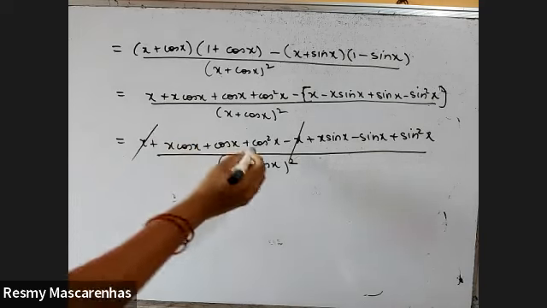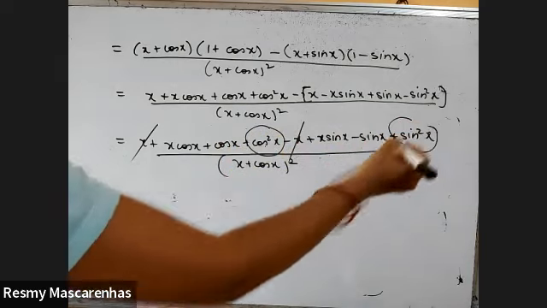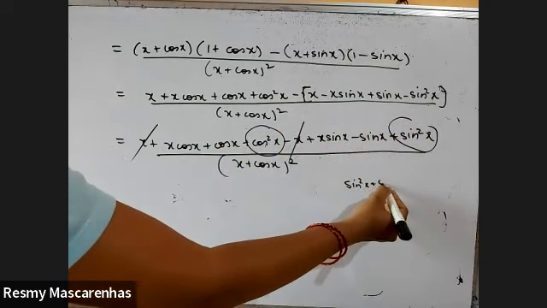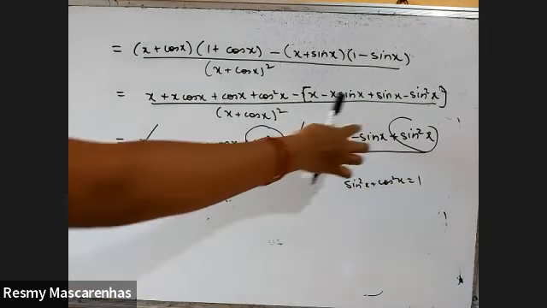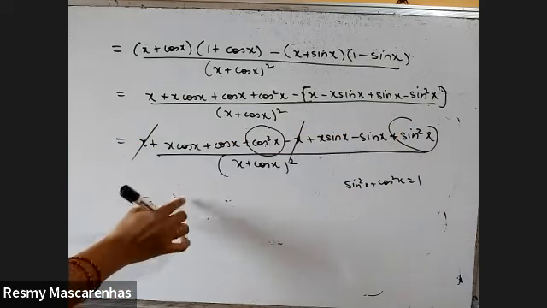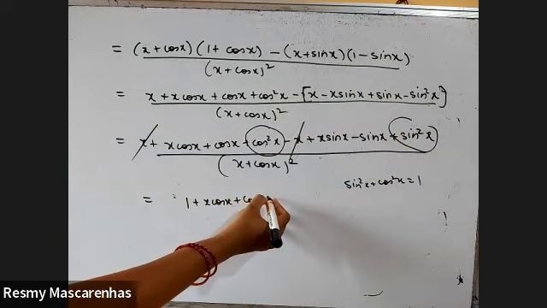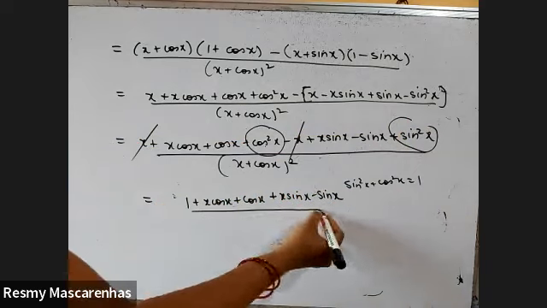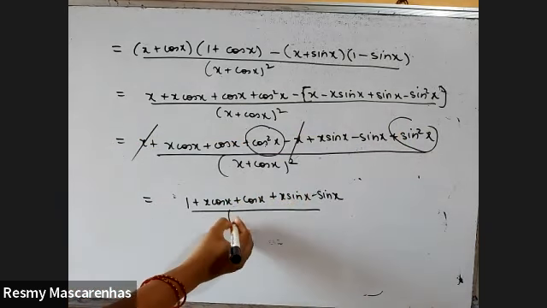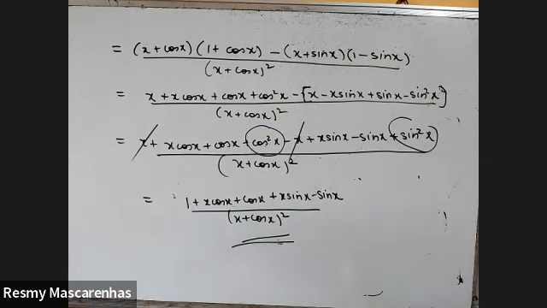Now you know that sin square x plus cos square x is 1. Sin square theta plus cos square theta is always equal to 1. So this plus this will give me 1. So this is done. Don't open up this, a plus b the whole square. Leave it as it is.